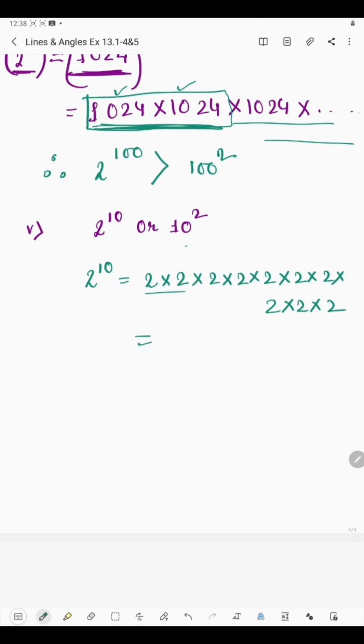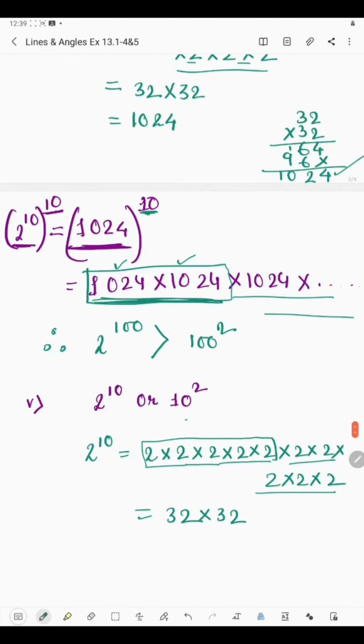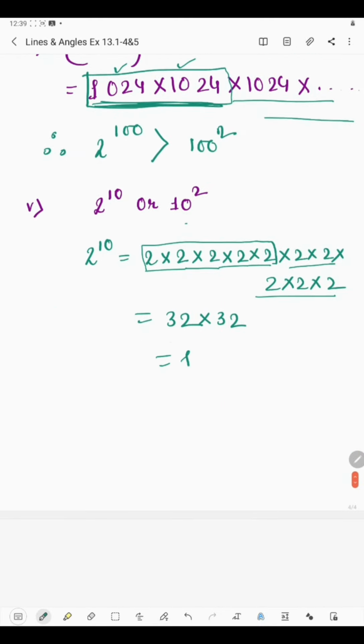Now 2 2s are 4, 4 2s are 8, 8 2s are 16, 16 2s are 32. So if there are 5 2s, then we will get 32, and see 5 2s left, so it means 32 again. Now 32 into 32 we have done already, it's 1024. So the value of 2 raised to the power 10 is 1024.